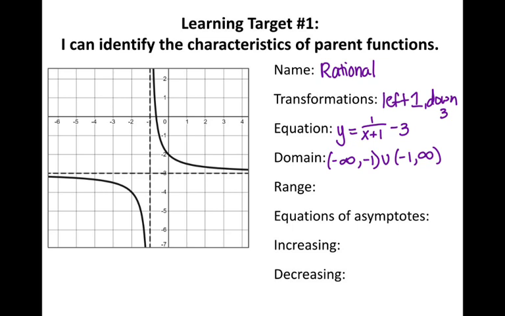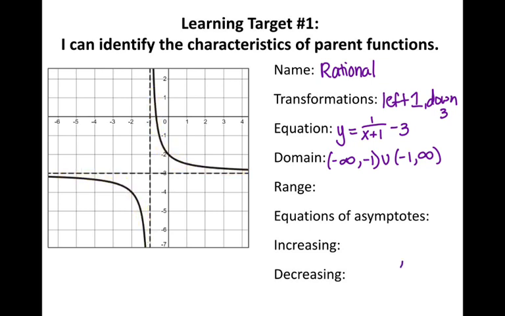For my range, very similar idea, except we're looking at our horizontal asymptote because that's going to create a break in our range. So for our range, we're going from the bottom up. So I'm going from negative infinity, so looking at my y values, up to negative 3, and then this other piece goes from negative 3 up to positive infinity.